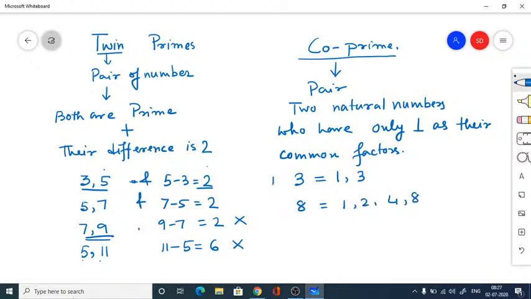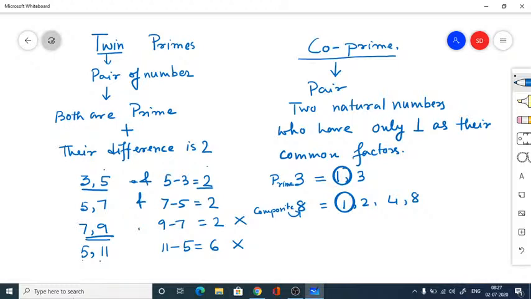Now see here, this is prime but this is composite, isn't it? But they have only one common factor, which is 1.